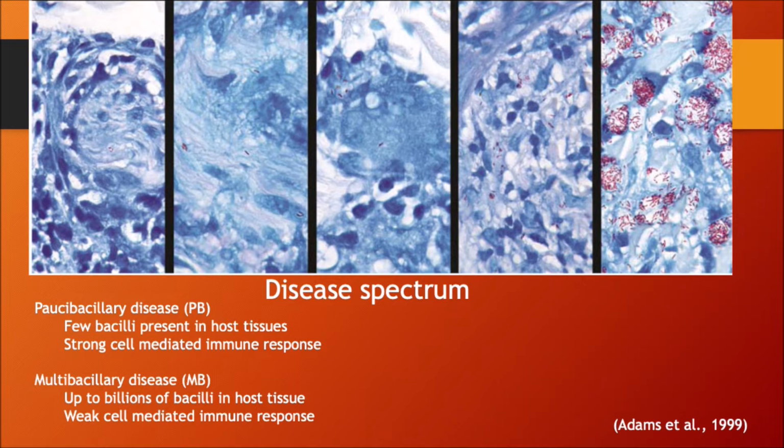In PB, there's just a few bacilli in the host tissues, and the person's body had a strong immune response, and the disease never really got a strong hold in the body. Whereas in multibacillary disease, over many years there can be up to billions of bacilli in the host tissue, and this happens when there wasn't a very strong immune response to the bacteria in the beginning.